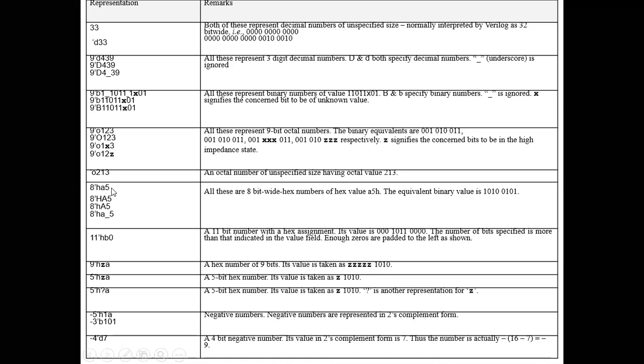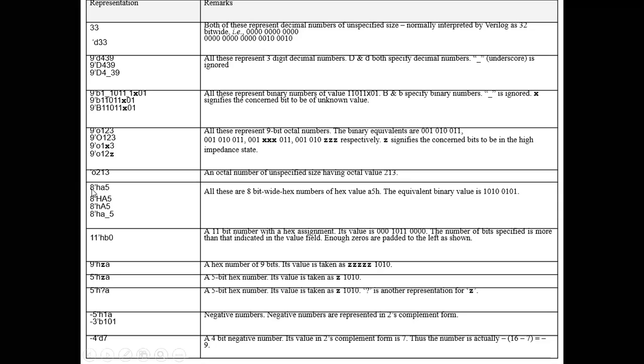So here you can see the hexadecimal numbers. You can see here 8. What does 8 mean here? It is taking an 8-bit width. 8-bit width, and here the number is A5, which is a hexadecimal number.